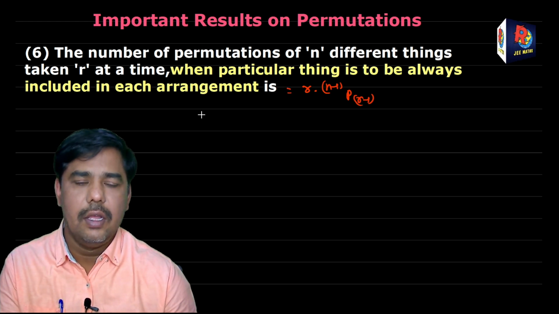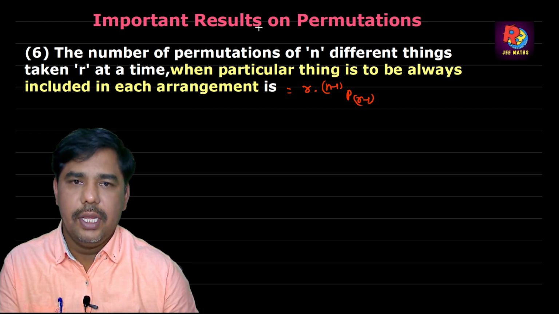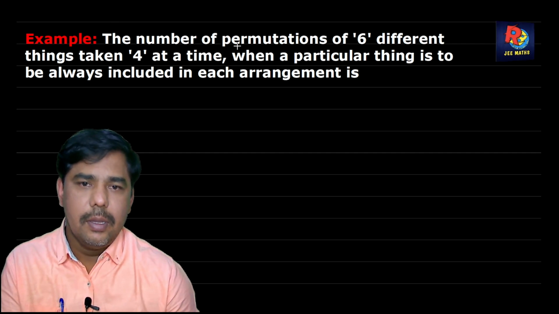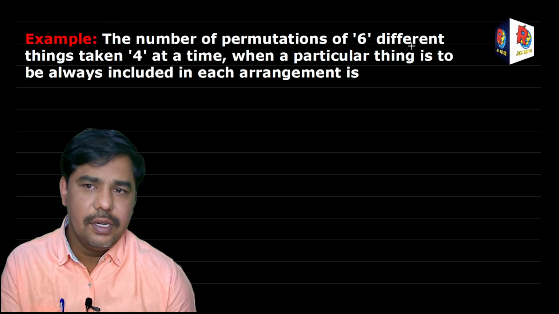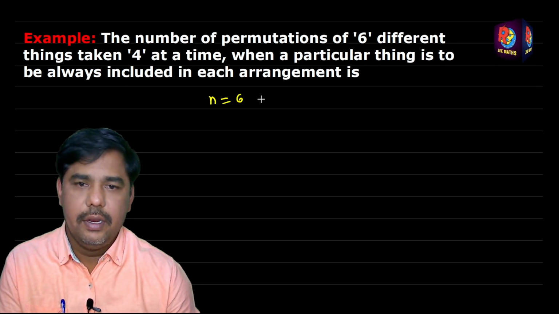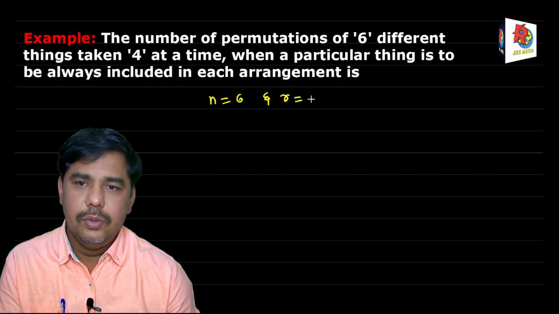I will give one example. Just observe here. In this question, the number of permutations of 6 different things are taken. n equal to 6 is given, and r equal to 4 is given.